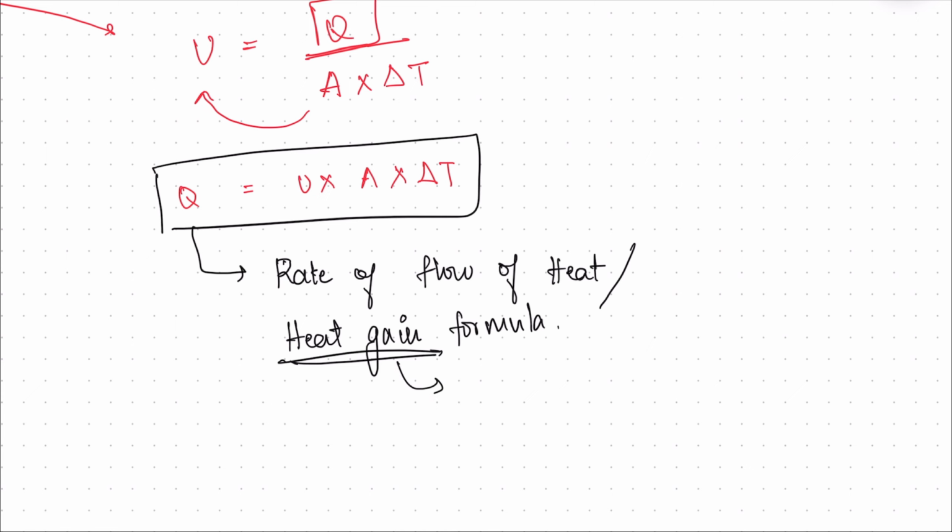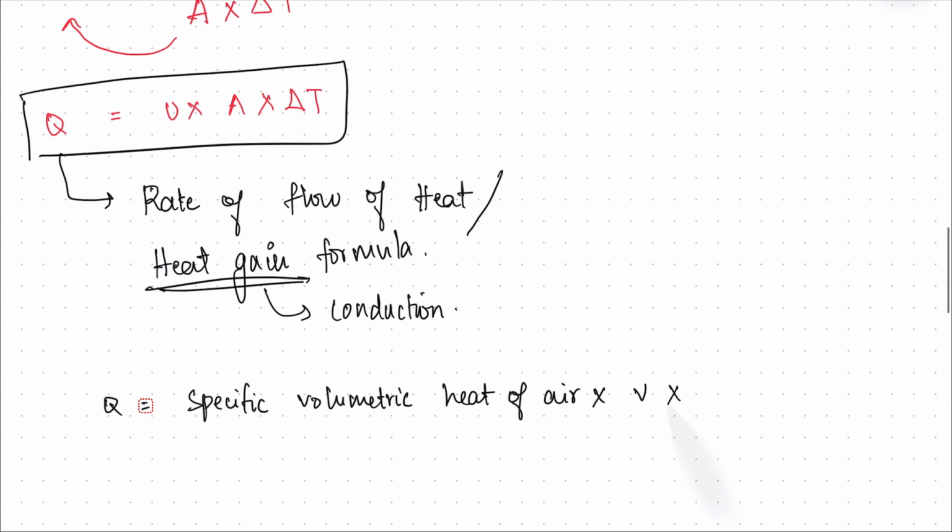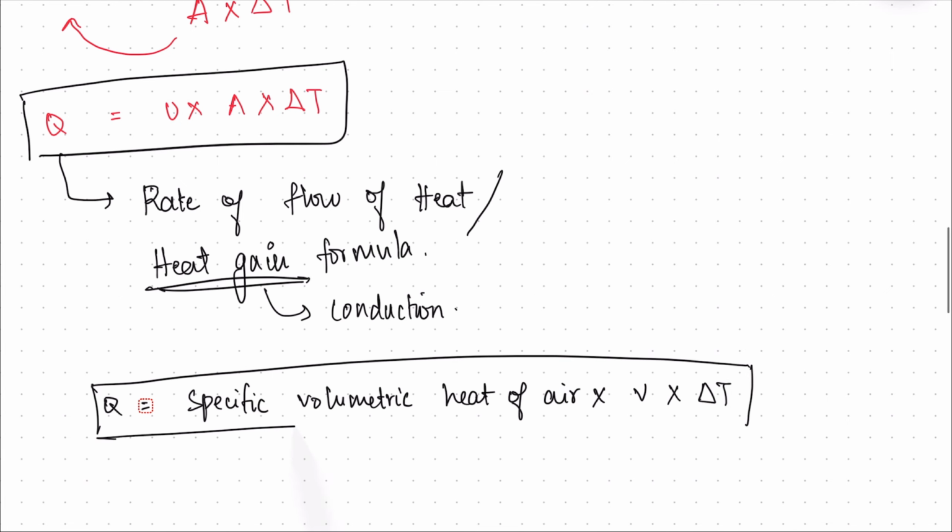So this is conduction, and in the previous video I've talked about a heat gain formula where I've written Q is equal to the specific volumetric heat of air into volume of air into temperature difference. So this was for heat gain through convection, which is through fluid or air.